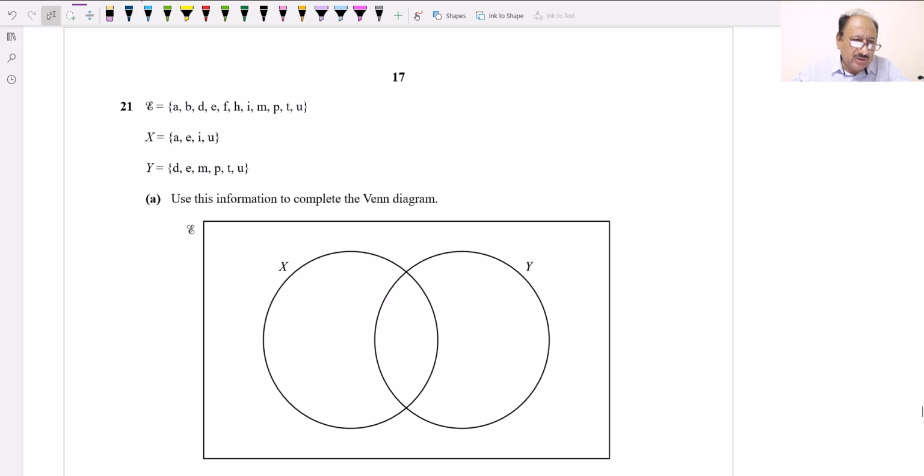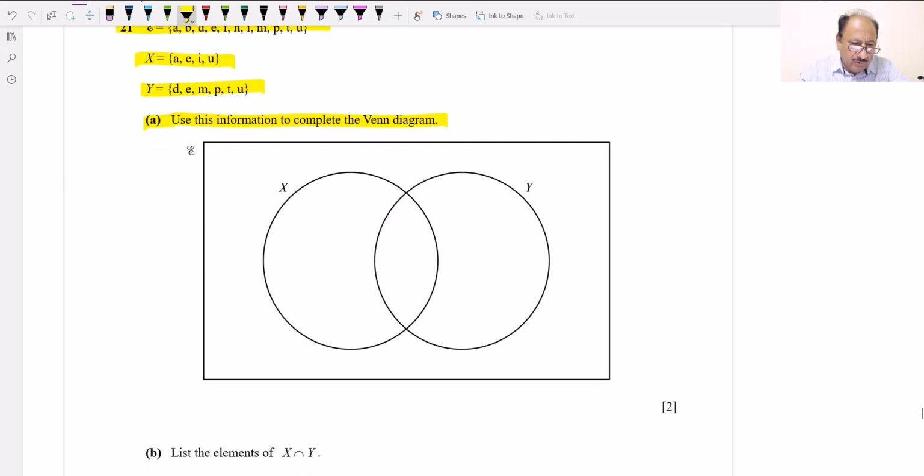Now question number 21, and a Venn diagram is provided. They're saying the universal set is this one, X is this, Y is this. Part a, use this information to complete the Venn diagram. So first of all we check what is contained in X and Y both.